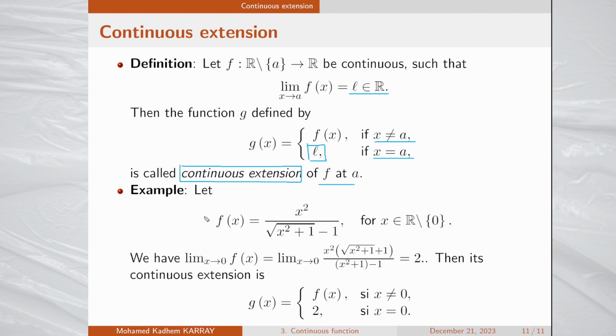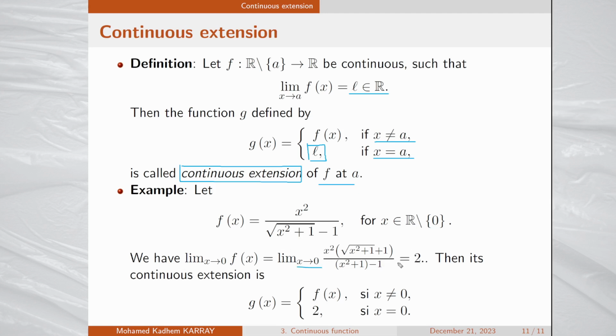Here is an example. Consider the function defined by this expression for x different from 0. So you see that the function is not defined at 0 since the denominator equals 0 when x equals 0. Nevertheless, the limit of the function when x goes to 0 equals 2.